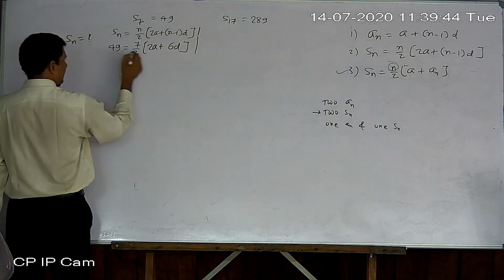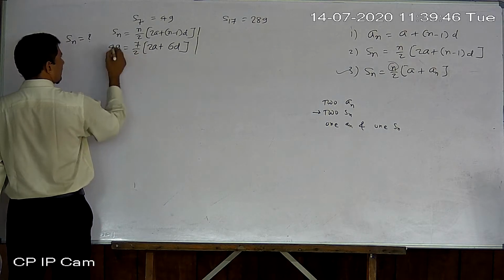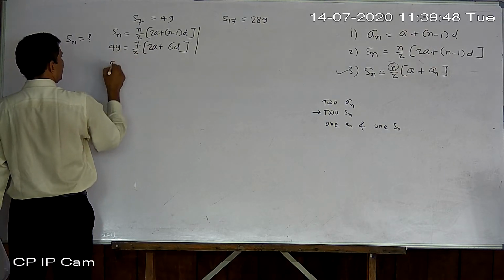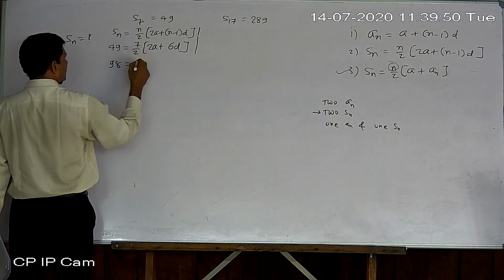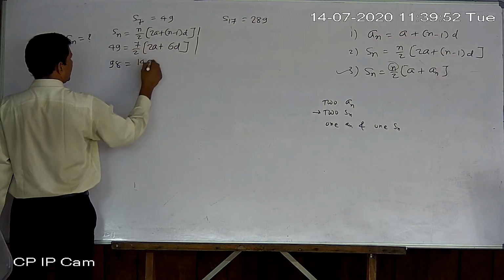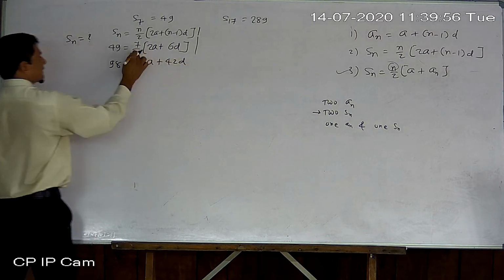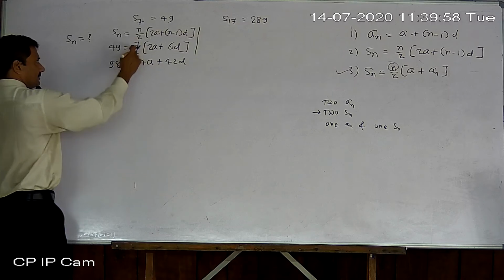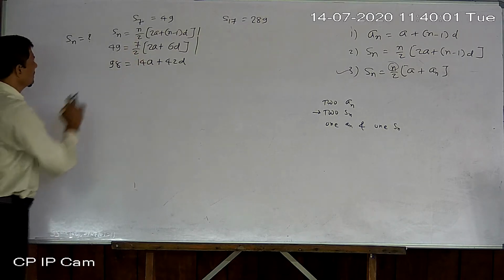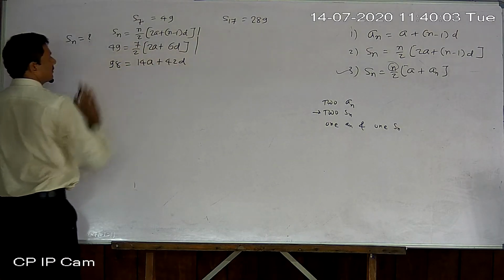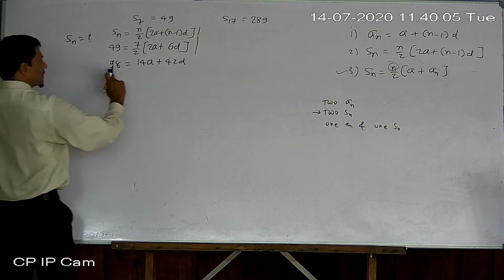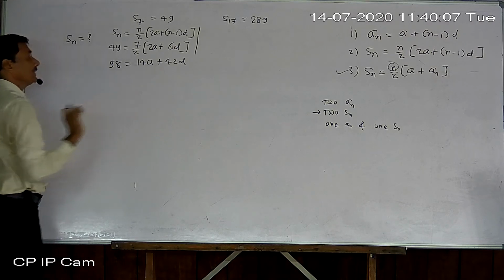Now put that one here only. So it will be 98 equal to 7 into 2a plus 6d. I just shifted it here because not divisible with 7 by 2, and then bracket is open. Now this whole equation is divisible by 14.